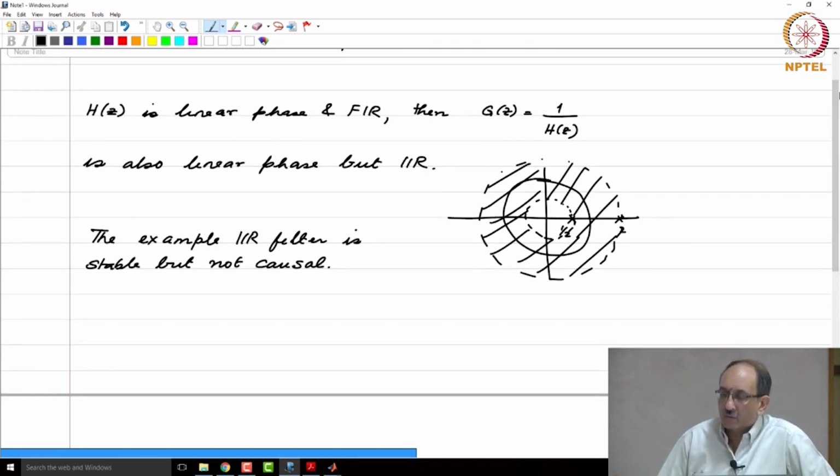Clements and Pease, Mark Clements and his student Pease, 1987, I think I got the year right, 1987 or 1988, published a paper in which they came up with an IIR filter that is causal and has exact linear phase.